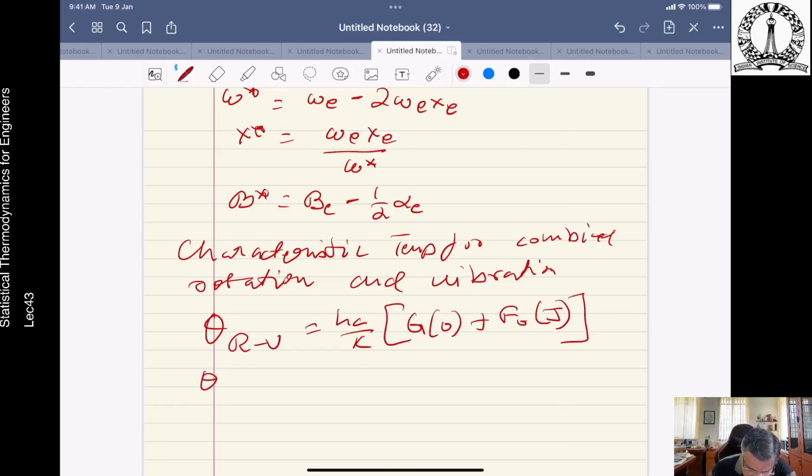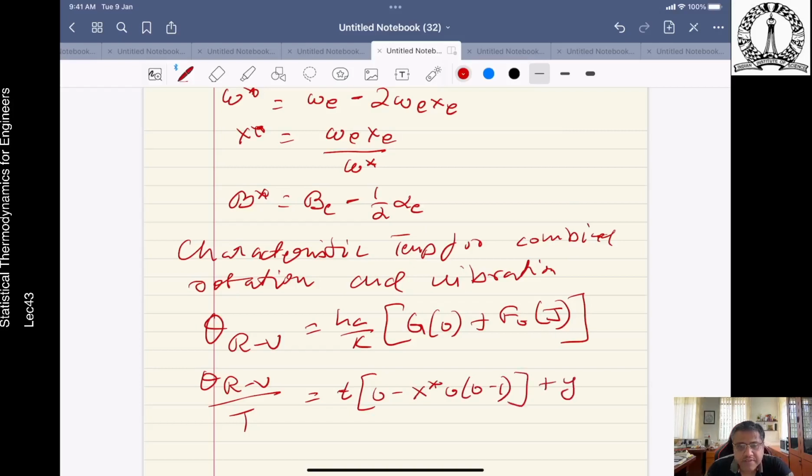Now if you write it in a proper form divided by T, this will be theta_V by T times (v minus x star v(v minus 1)) plus y times (J(J plus 1) minus gamma J(J plus 1) squared minus delta v J(J plus 1)).